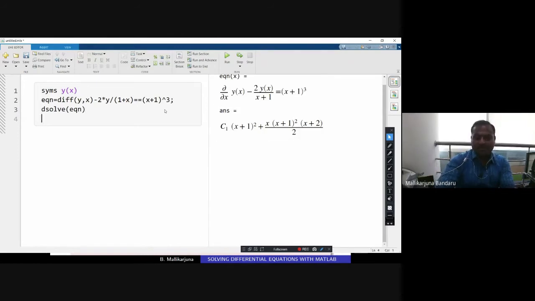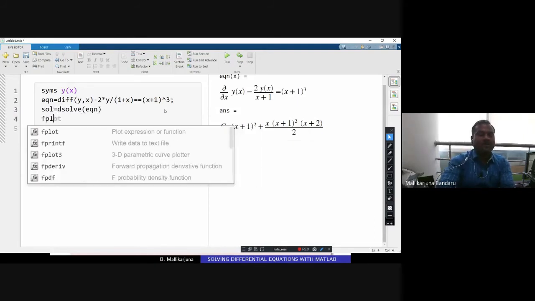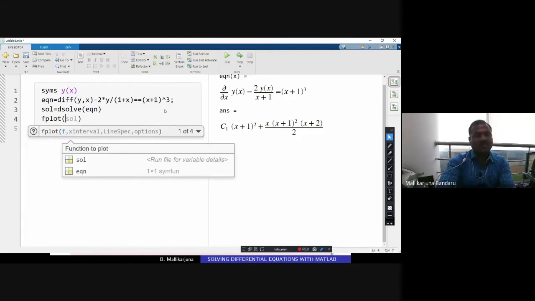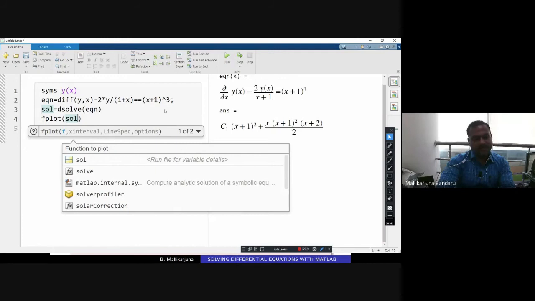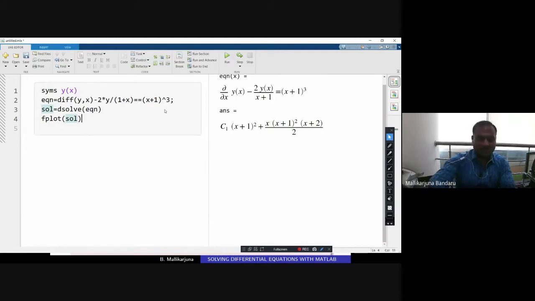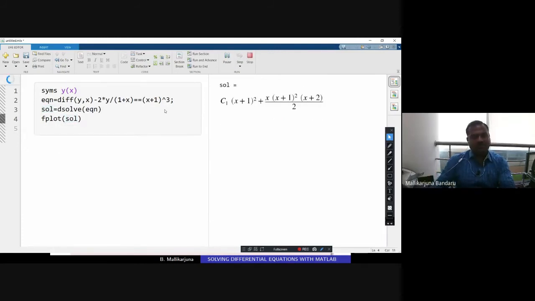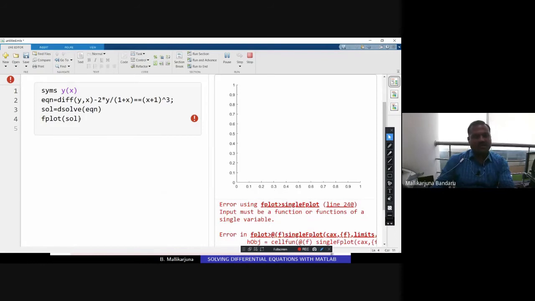Suppose, let me take y is the solution is equal to. Let me draw fplot of solution. Maybe it is in between quotes? Yeah, this is in between quotes.